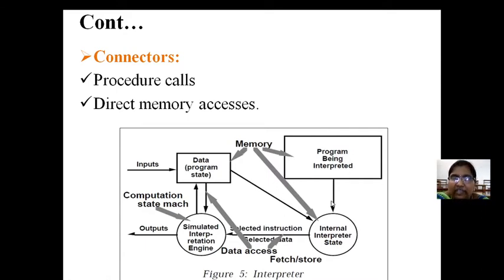Whenever there is an interpretation of this program, who will do it? The internal interpreter will do it. After performing this, it maintains some state. Based on the state after interpretation, we have a simulated interpretation engine. It will give the final outcome or the representation which maps or matches to us or the system.